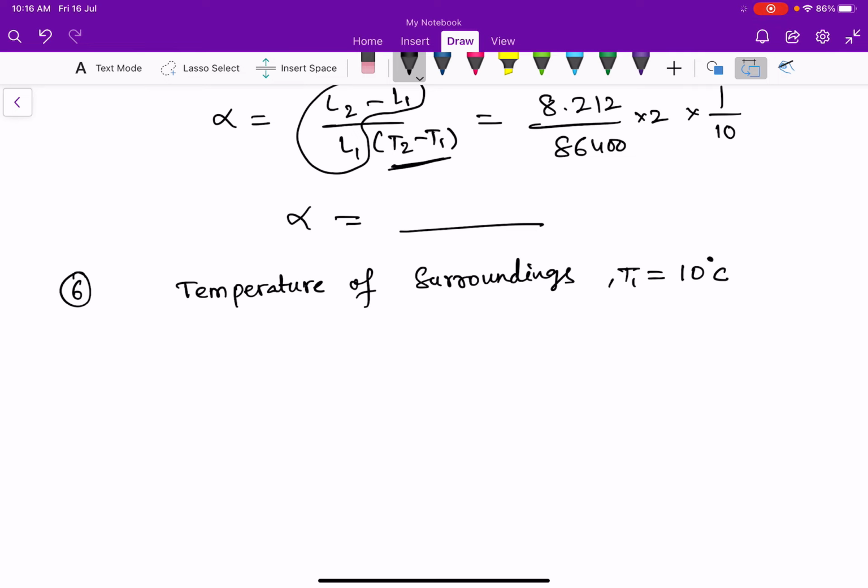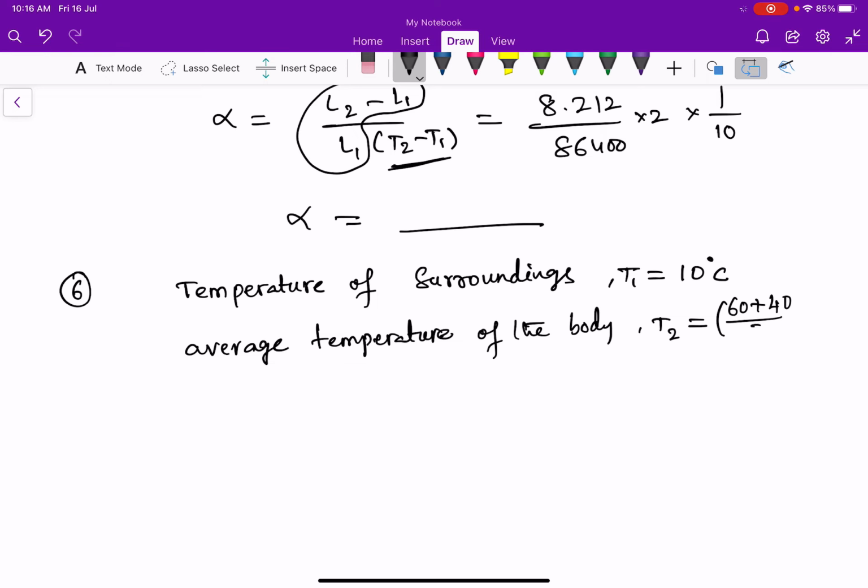And the average temperature of the body, T2, is 60 plus 40 by 2. The average temperature is 60 plus 40 by 2, which is 50 degrees Celsius.